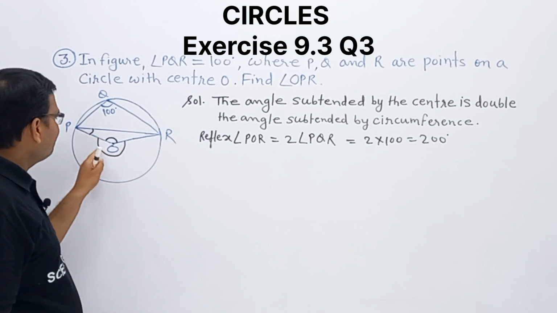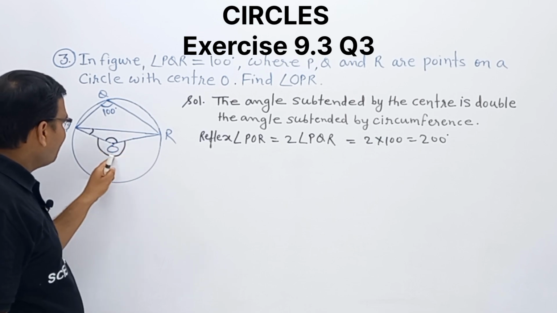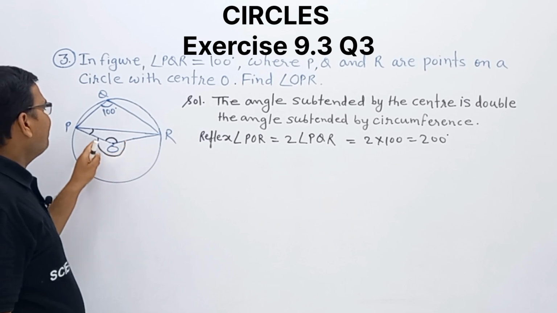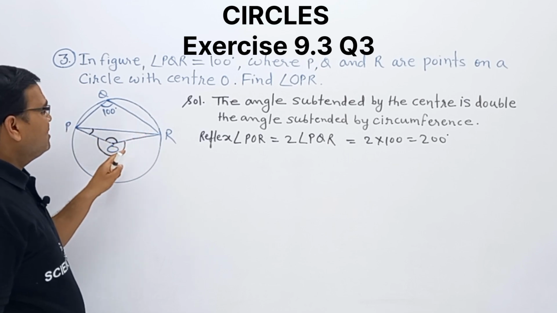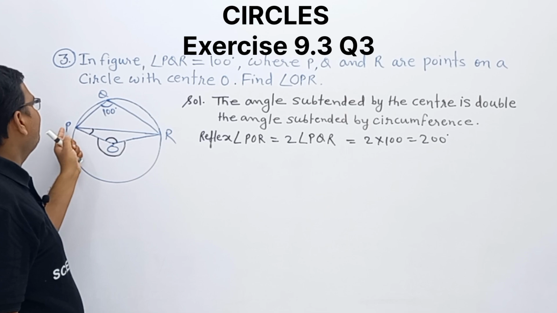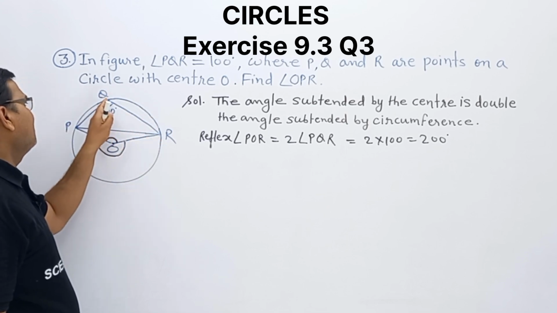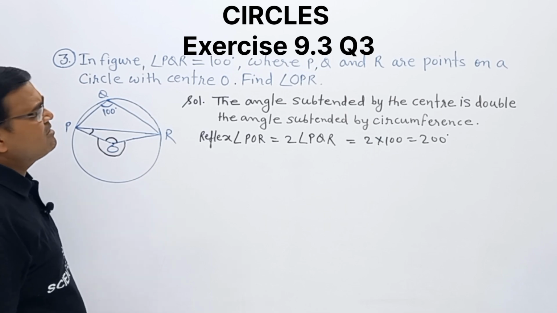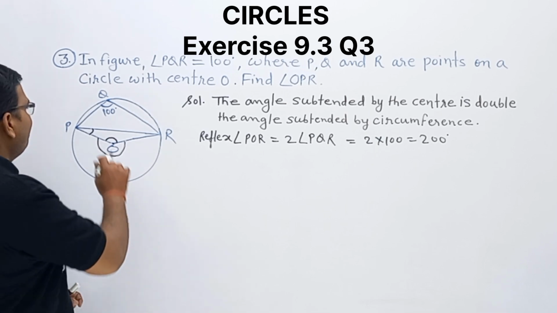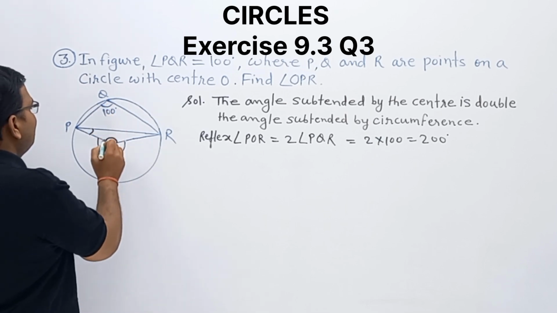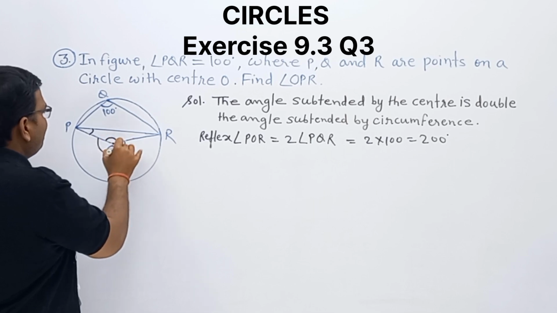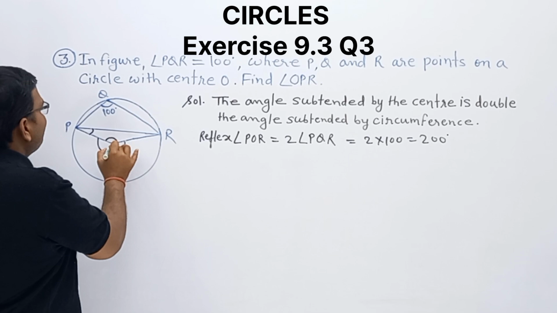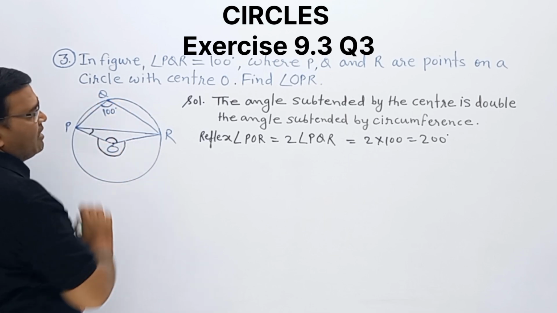So the reflex of POR is 2 times angle PQR, the angle at the circumference. This is the theorem: once we get an angle like this at the center, its reflex is 2 times the angle at the circumference.